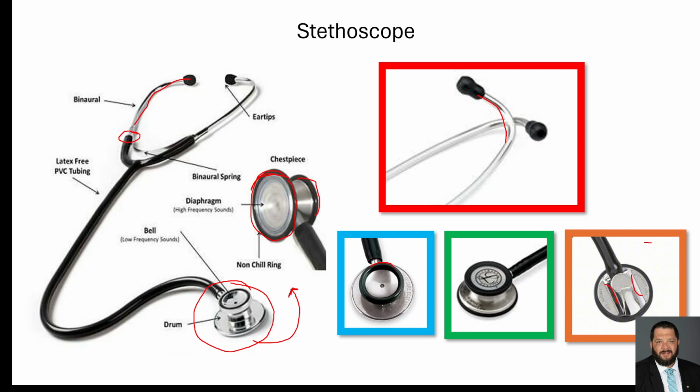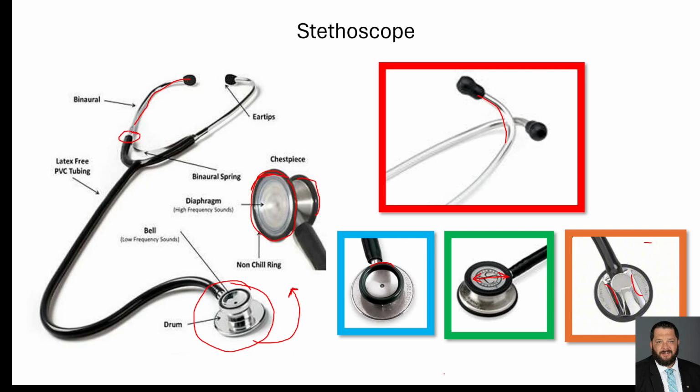So if you're just barely holding it to the skin, it will pick up low frequency sounds. And if you push down harder, it tightens the tension across the diaphragm and tunes to high frequency sound. So depending on the amount of pressure that you place on the stethoscope head will determine whether it's tuned for low frequency or high frequency.